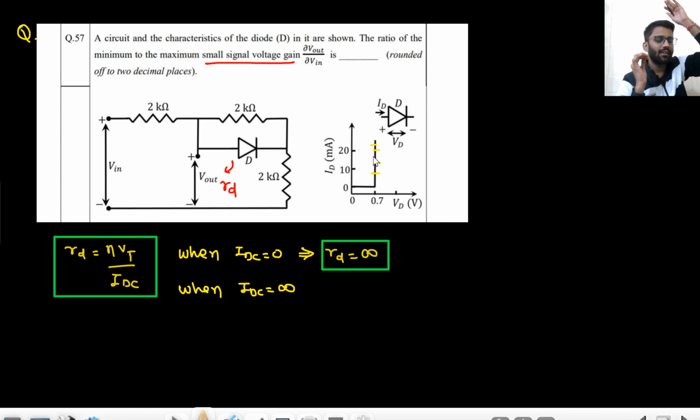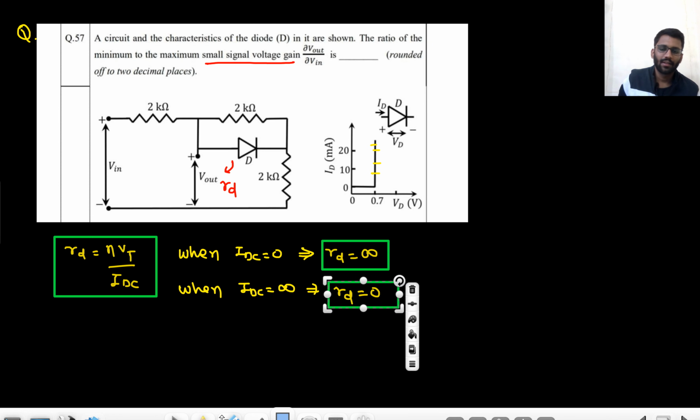It can take infinite milliampere as well. When Vd is equal to 0.7 volt, ID can take any value. Since no input signal Vin is mentioned, ID can be infinity. So your RD will be 0. So you have two conditions, RD equals 0 and RD equals infinity.